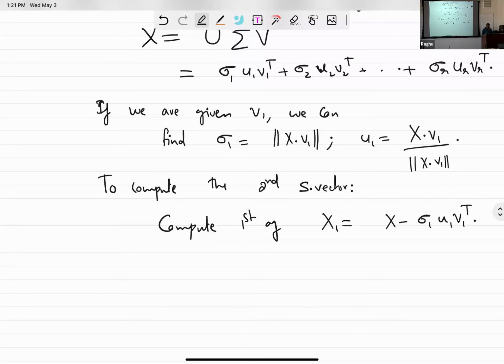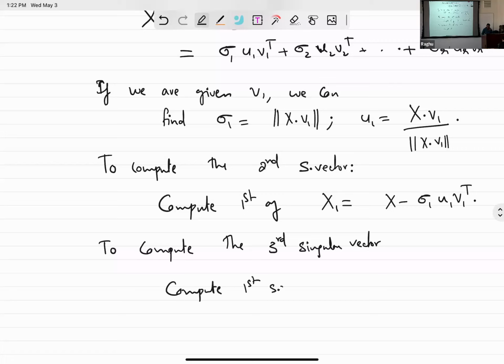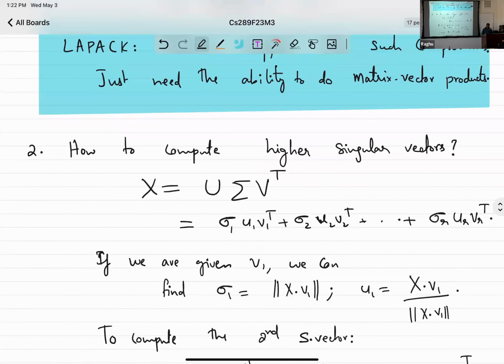And you can do the same thing again to compute the third singular vector. What should you do? Compute the first singular vector of x2, which is the same thing again. I knocked out one. If I knock out the second one, what's left? What's the top? It's going to be V3.